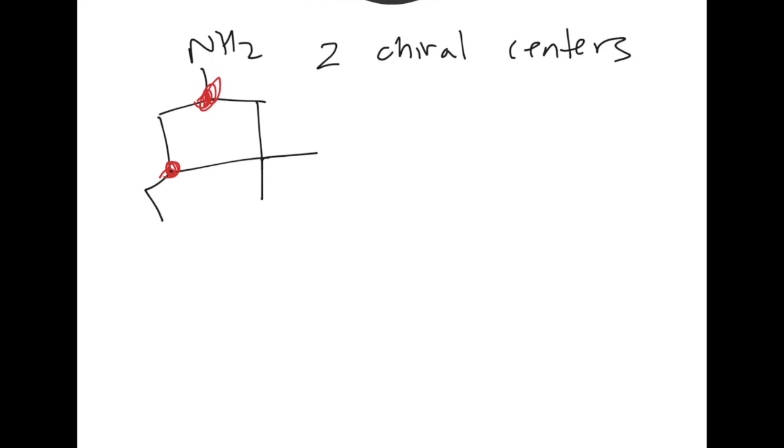How many possible stereoisomers does this compound have? Has four, right? 2 to the n, where n is the number of chiral centers. That's going to be 2 squared, so 4. We should be able to draw all of them.